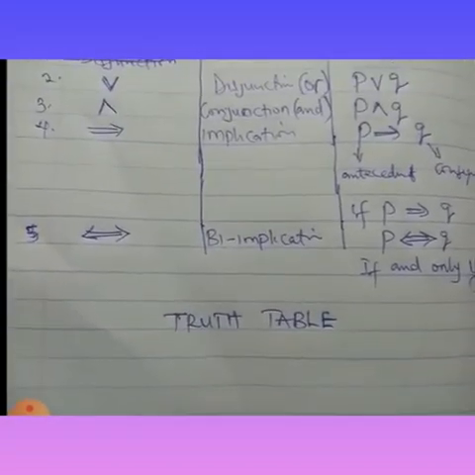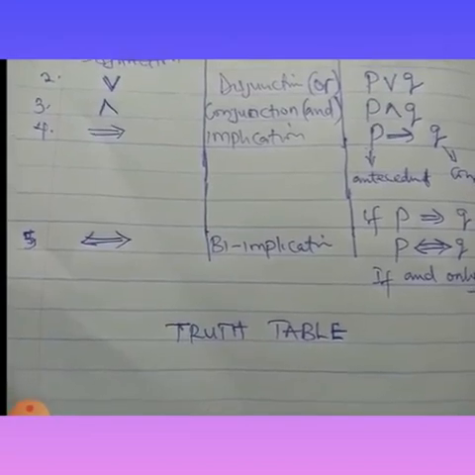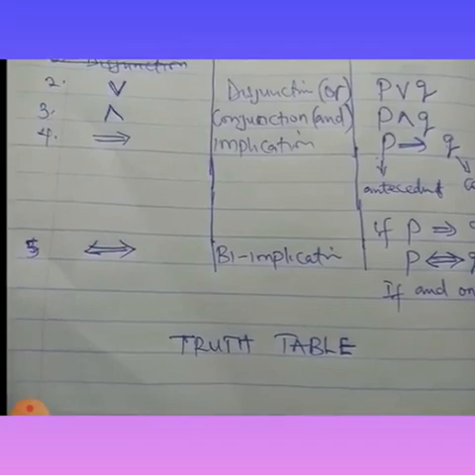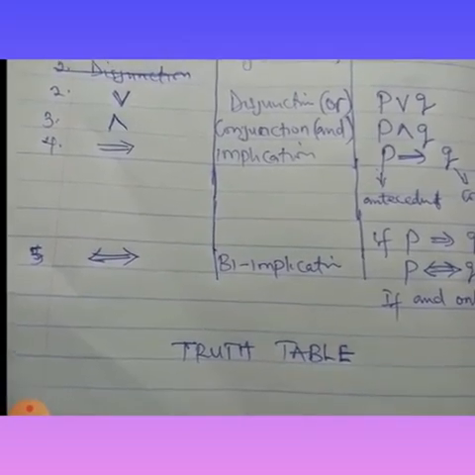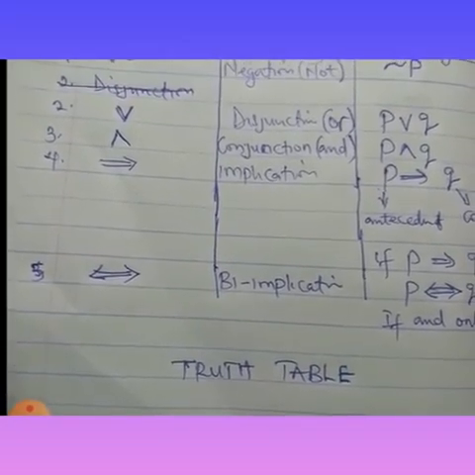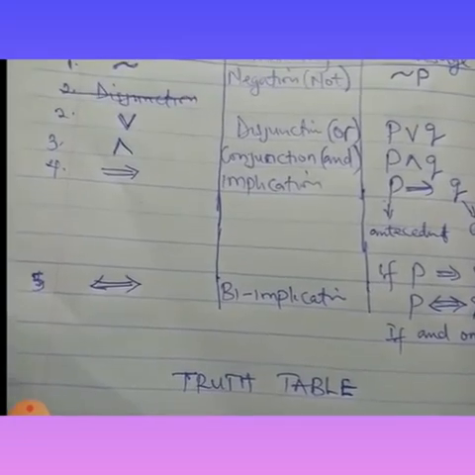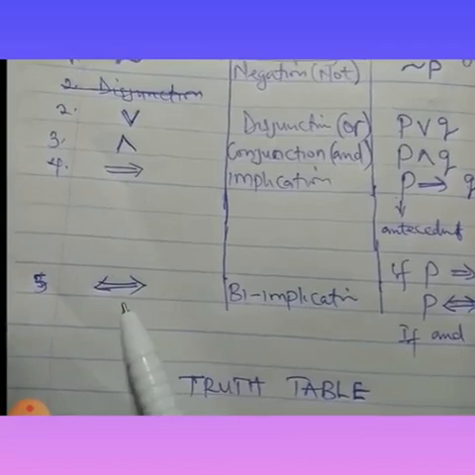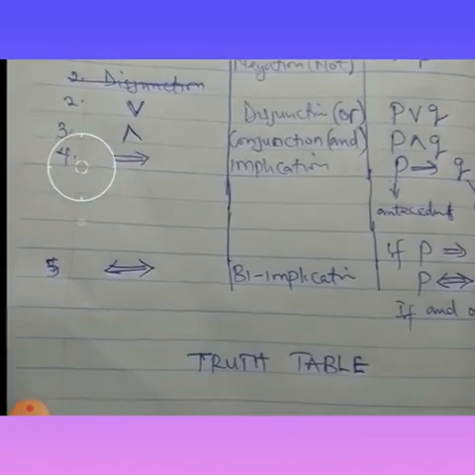So truth table will be used to represent these various connectives: the negation, disjunction, conjunction, implication, and biimplication.